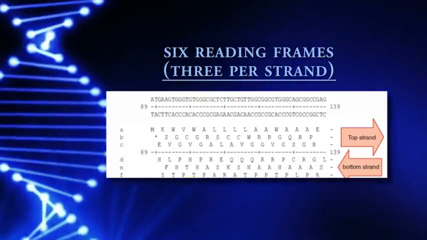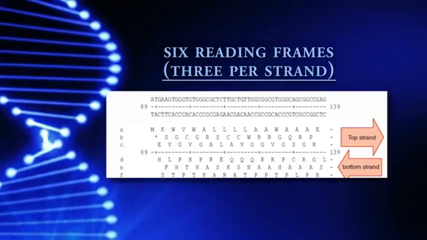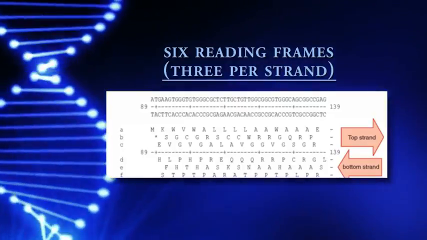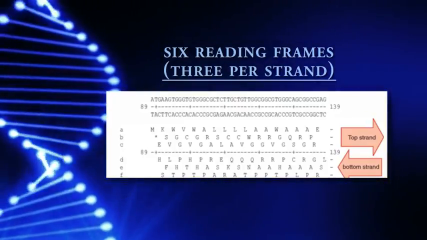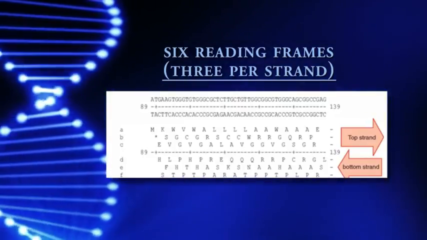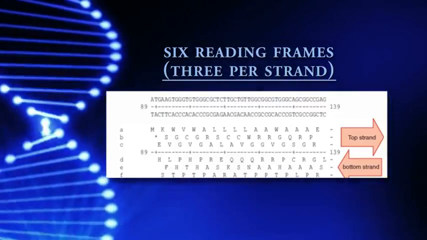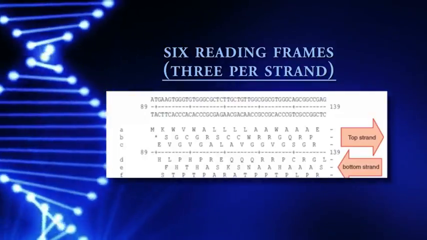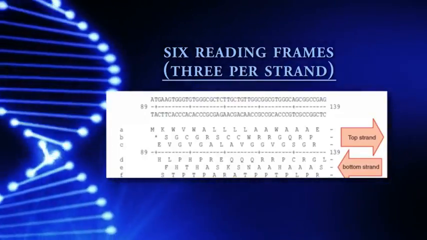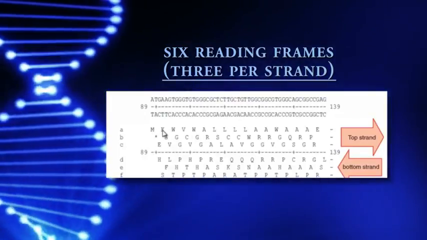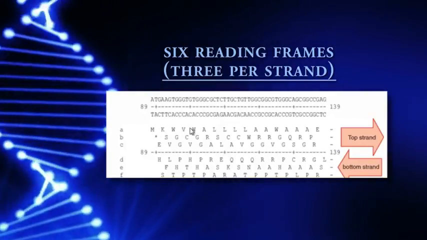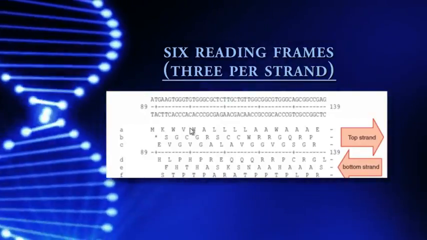So if we start at the first position, we get the pattern MKWVWA. If we started at the second position, we would get stop codon, that's the star, SCG. If we started at the third position, we would get EVGV. If we started at the fourth position, it would be a K like we have on the first line, followed by WV. We would be back to the same pattern.